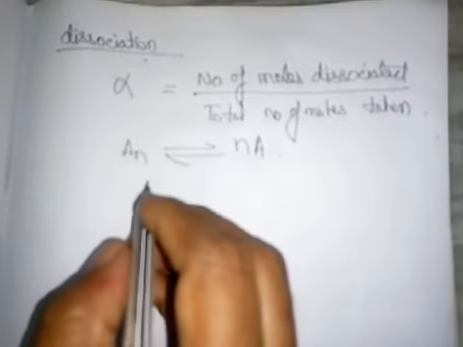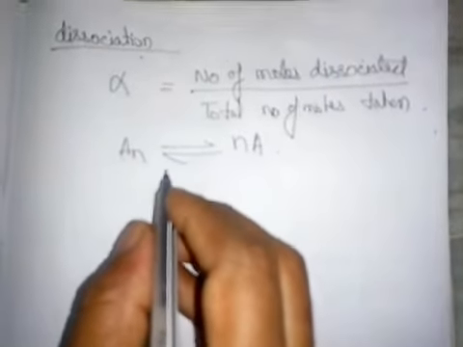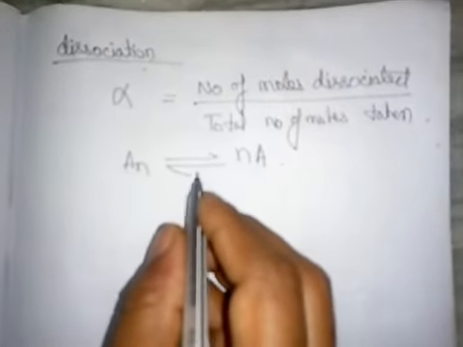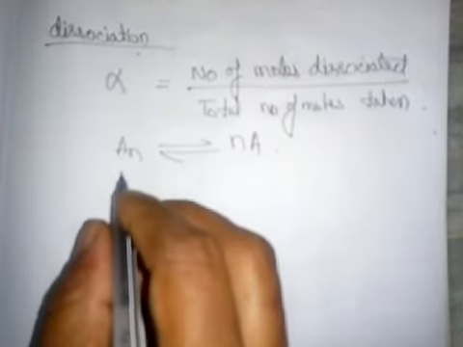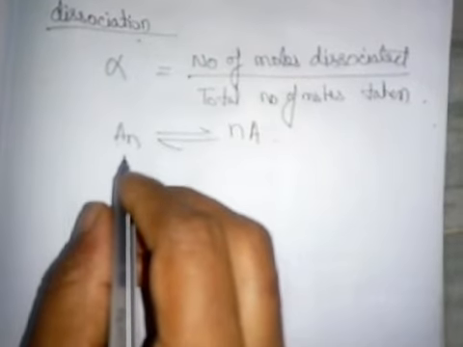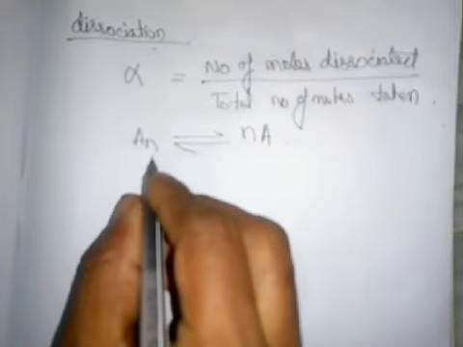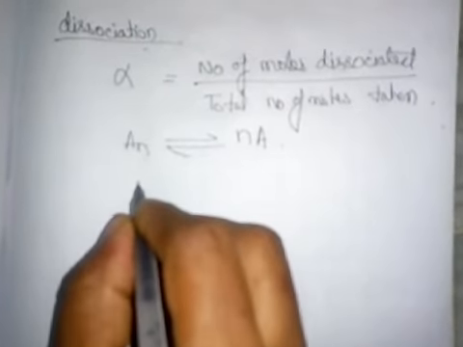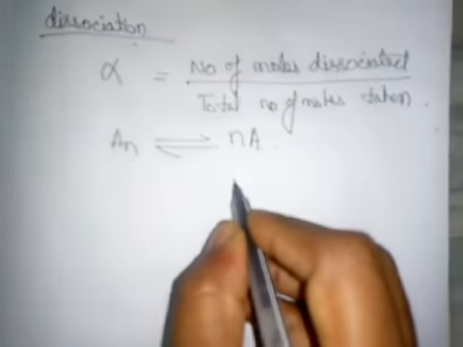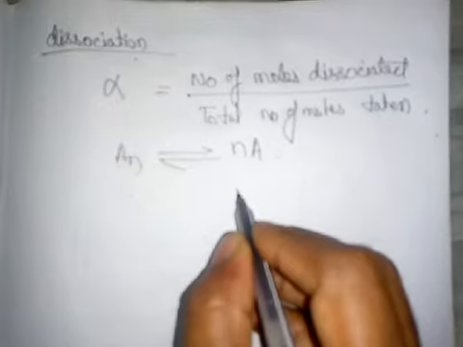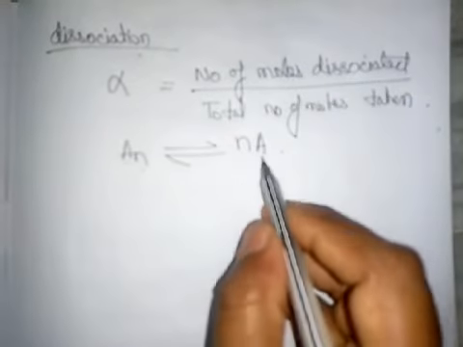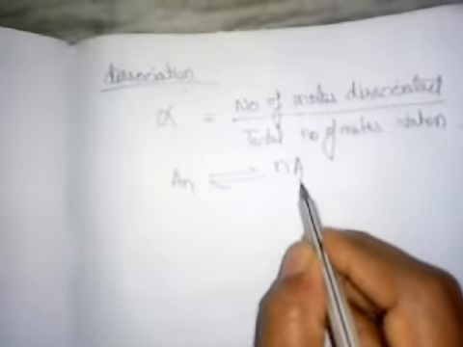If we start with 1 mole of the solute, then at equilibrium we will have 1 minus alpha moles of undissociated molecules at equilibrium, so that n alpha moles will be formed at equilibrium.